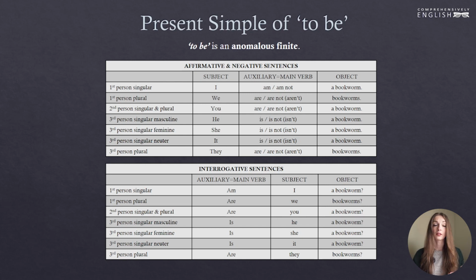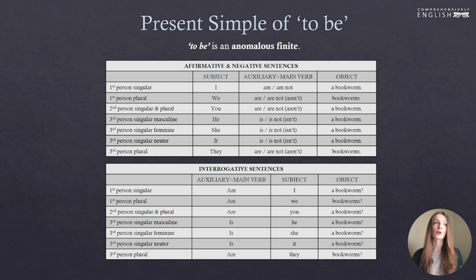That means that's a verb that has its own forms, that changes according to its specific system. We say I am and I am not. We don't have amn't, we don't have a shortened form, so we can say I'm not or I am not. I'm not a bookworm or I am a bookworm.